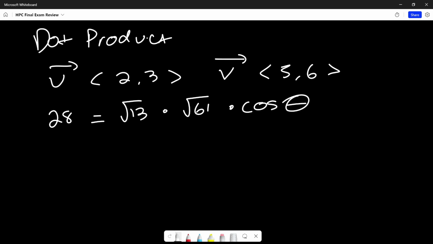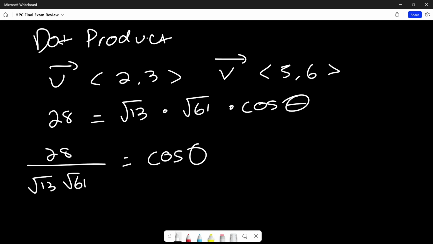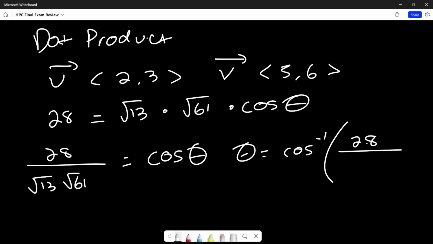If I rearrange this, I get 28 over root 13 times root 61 is equal to cosine theta, which means that theta is equal to cosine inverse of 28 over root 13 times root 61.